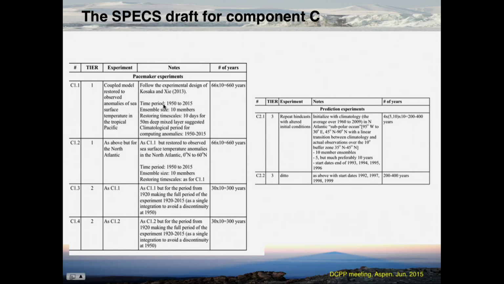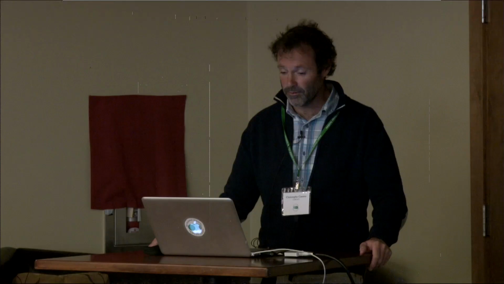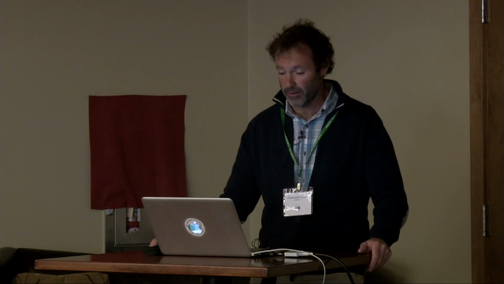But the first experiments with priority 1 are pacemaker experiments following the work by Kosaka and Xiangping here, over the period 1950-2015, 10 members and so on, and we have to agree on this restoring timescale for the pacemaker.